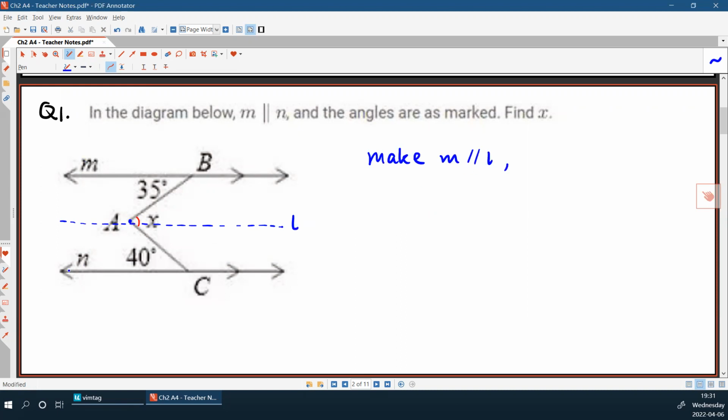And because M is parallel to N, L must be parallel to N as well, right?